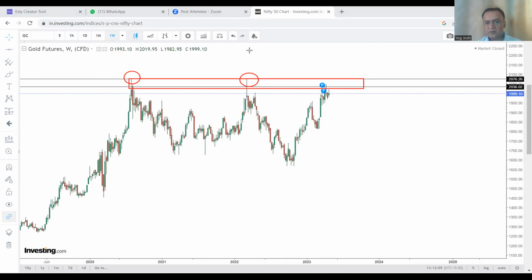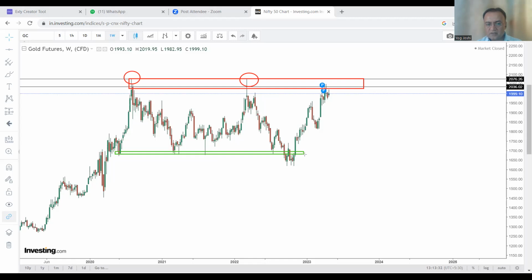Now think about support. What is the support zone? This is the clear cut support area where gold bounced back. This is the support area. Whenever gold came to this area, gold bounced back.